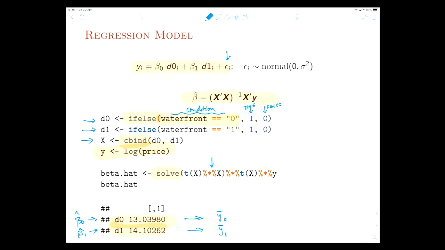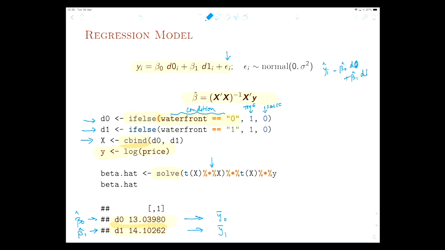So how does all of this fit in? Right? So we're basically saying that the fitted value yi is equal to beta 0 hat D0 plus beta 1 hat D1. Yep.